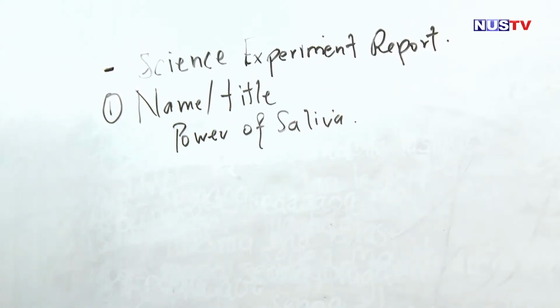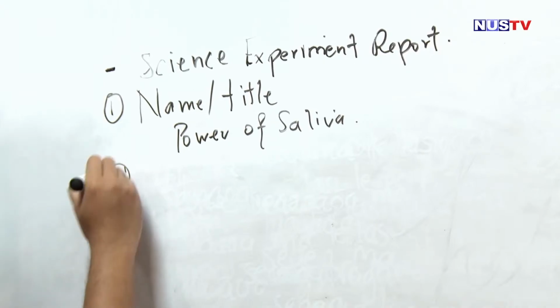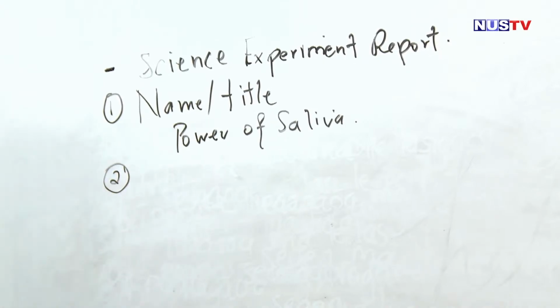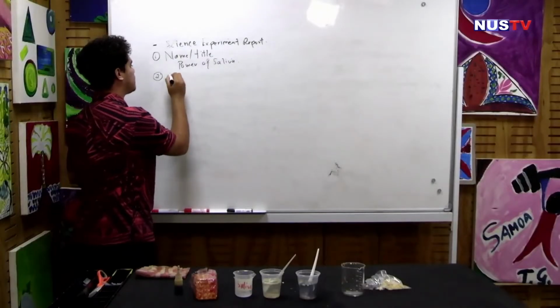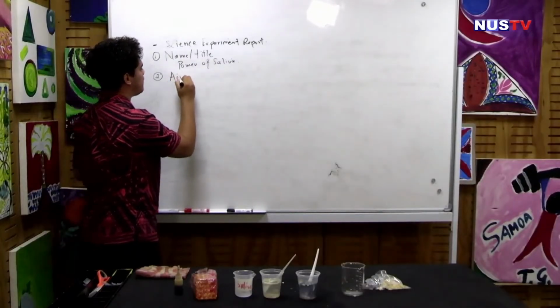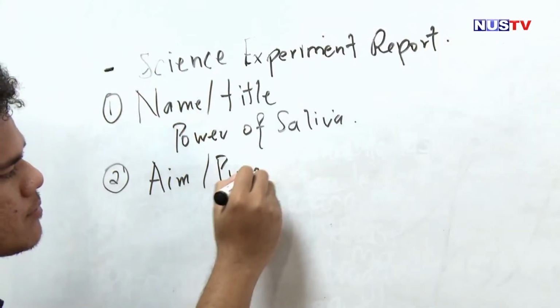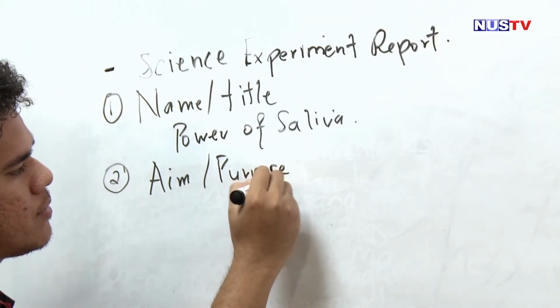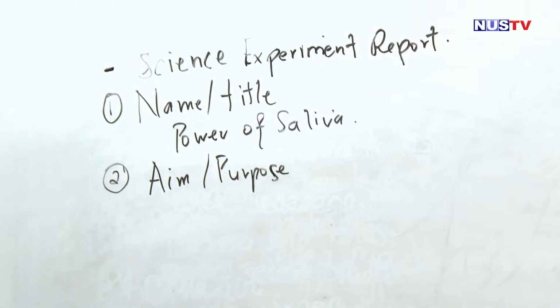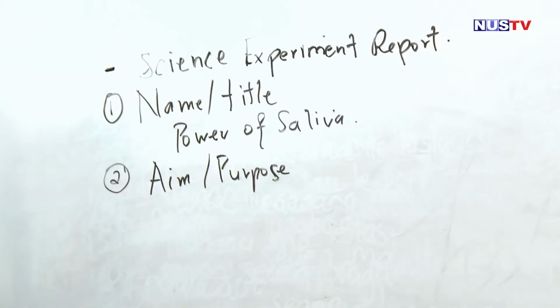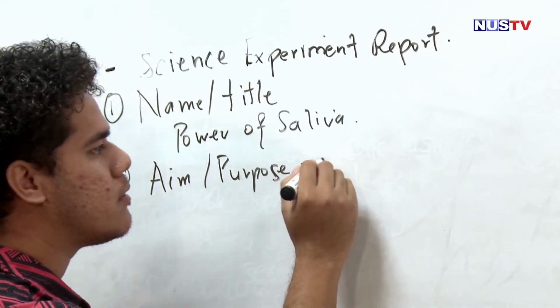Okay, the second bullet point after the name and the title would be the aim, or we can say the purpose. So the purpose of the experiment. Why are you doing the experiment? So these will be your findings, what you want to find out.